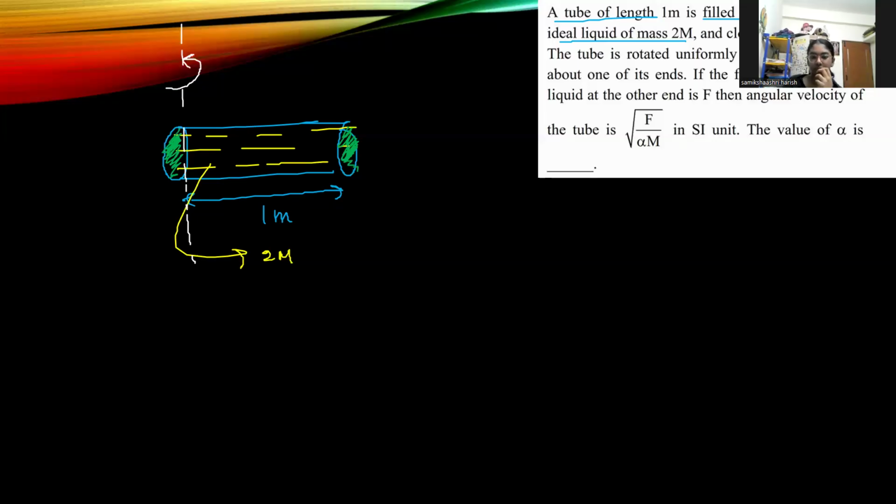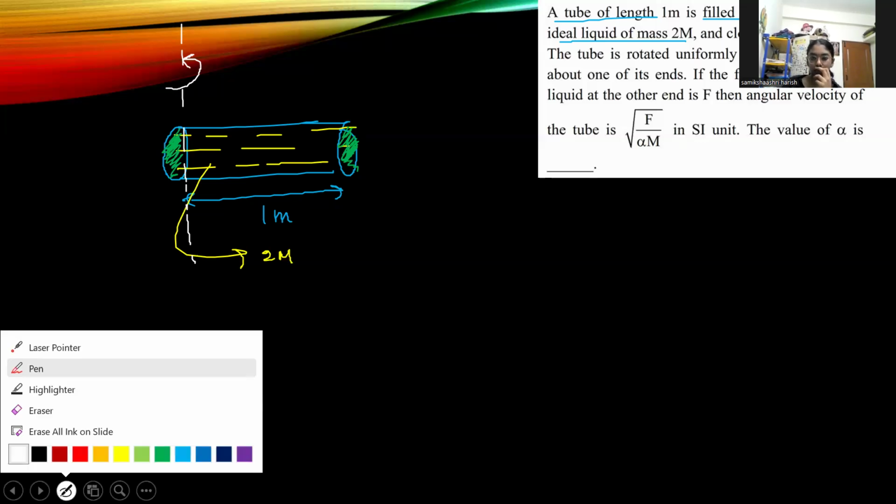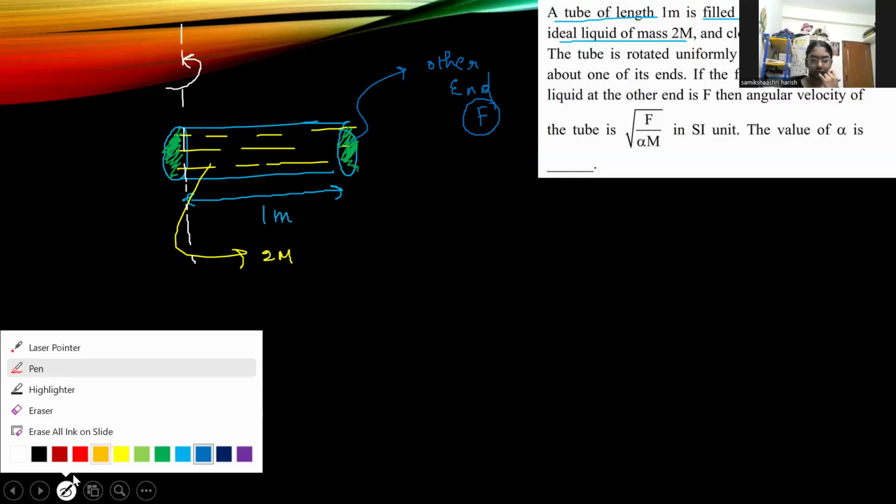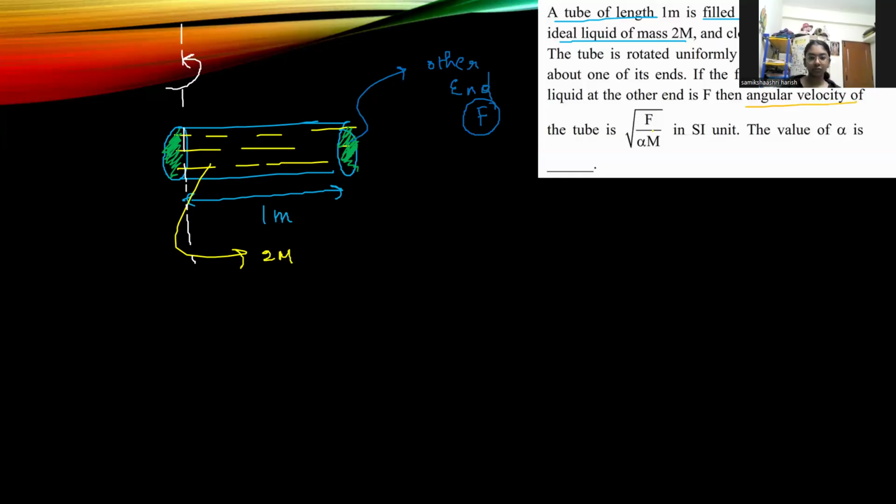If the force exerted by the liquid at the other end, this is the other end, is F. Now we need to calculate this, and accordingly we can find the angular velocity.